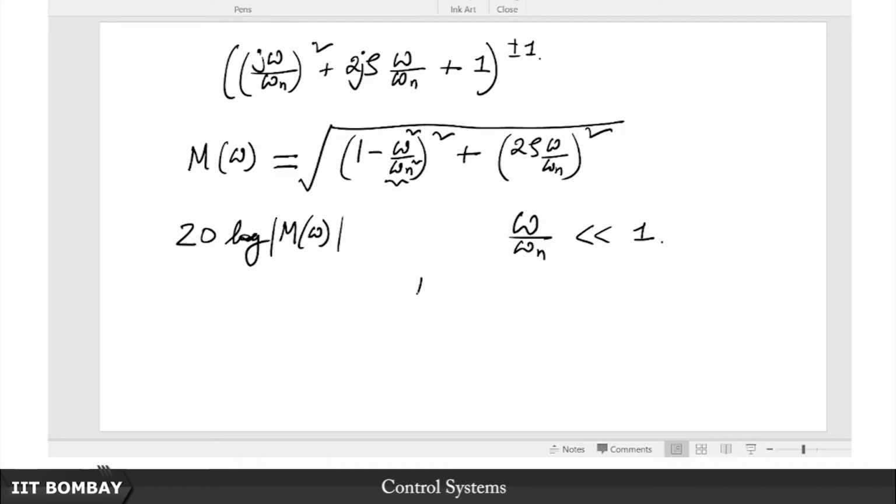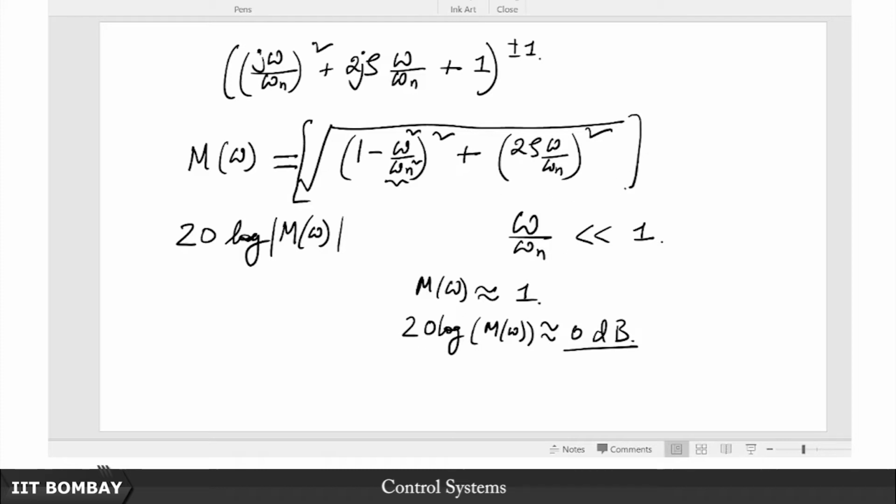So then M of omega is almost close to unity. Therefore 20 log of M of omega can be approximated by the 0 dB constant line. Of course I should probably put a plus or minus 1 here, depending on whether it's a zero or a pole respectively.